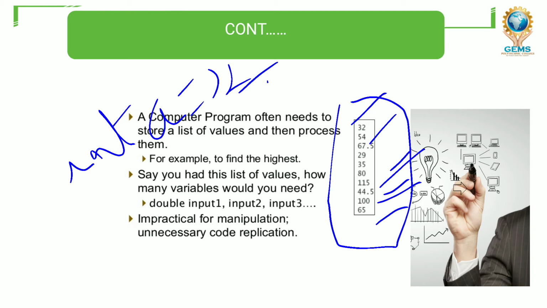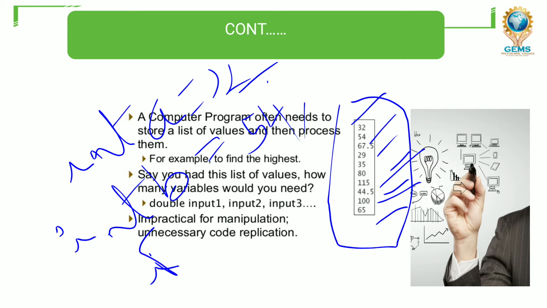Again I have to take one more variable. For example, int b = 54. Again I declared one more variable for 54. One more time I have to declare a variable for 67.5. This is a fraction value, that's why I have to take it as a float.